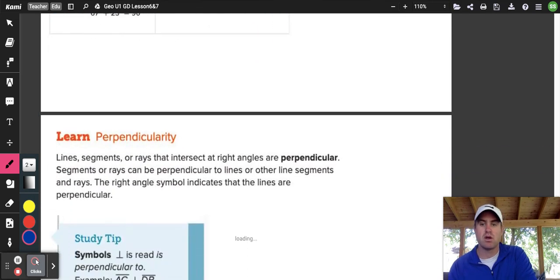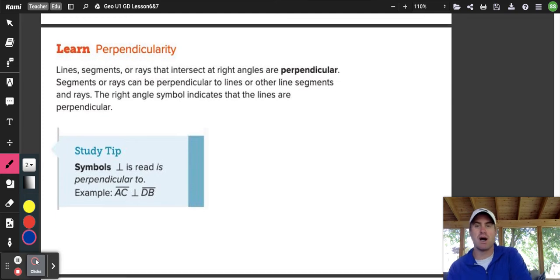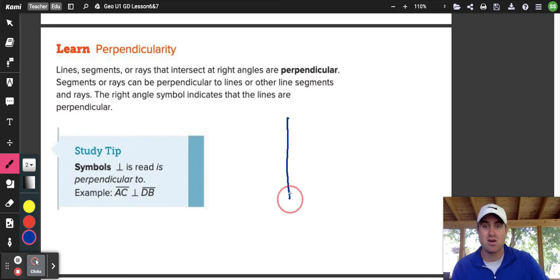Alrighty, another important term in geometry is perpendicular. Two lines are perpendicular if they form a right angle. Rays can also be perpendicular, and they form 90-degree angles.